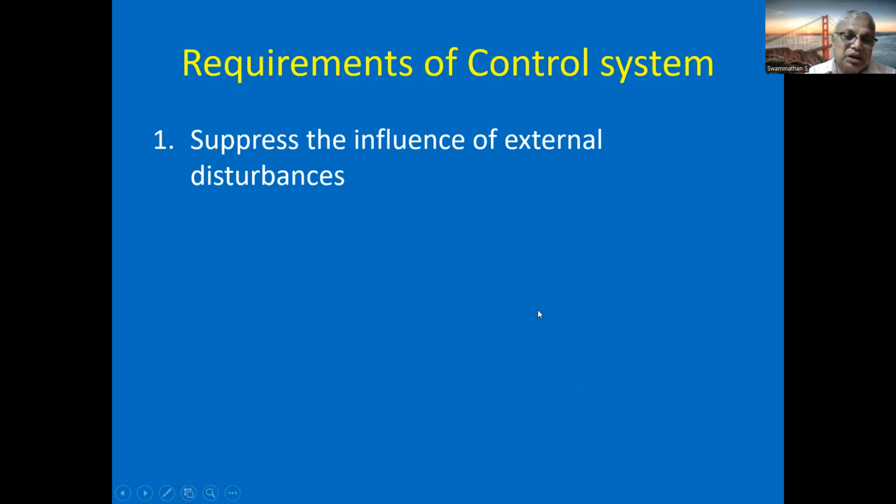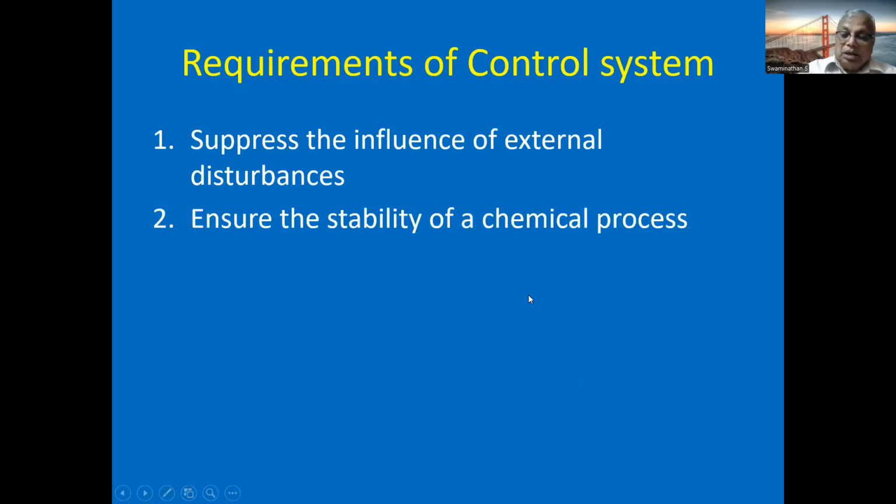Next, ensure the stability of a chemical process. When the control system does the first point, when it suppresses the influence of external disturbance and tries to bring the desired variable back to the desired value, sometimes it has the opposite effect.